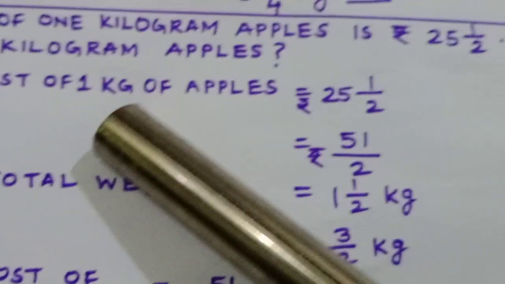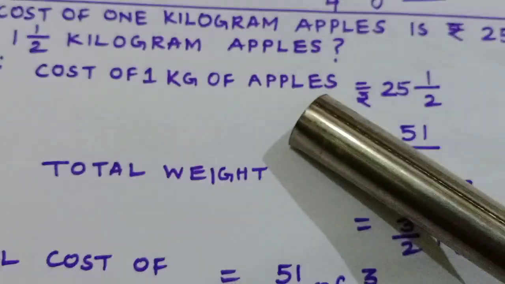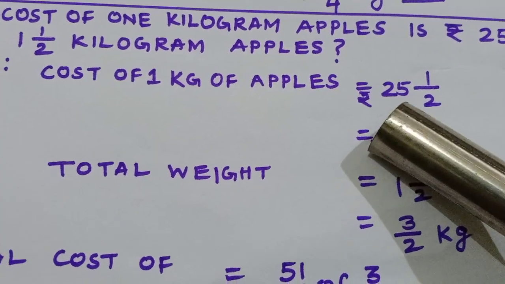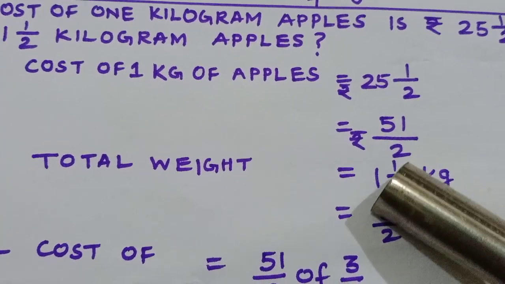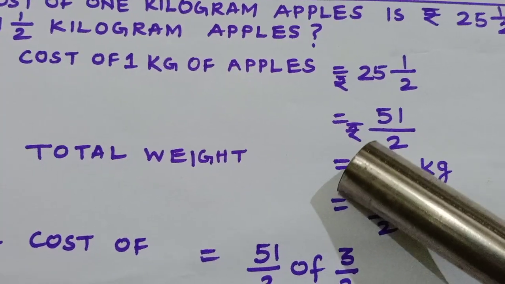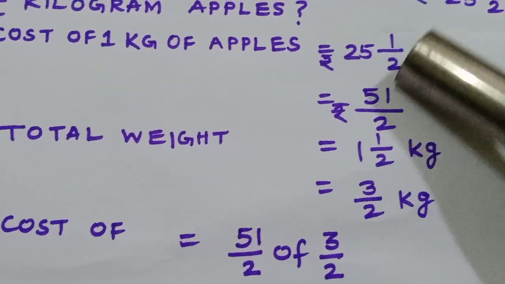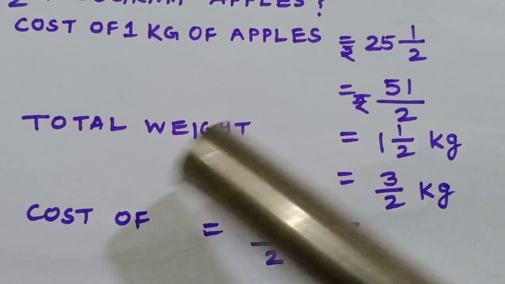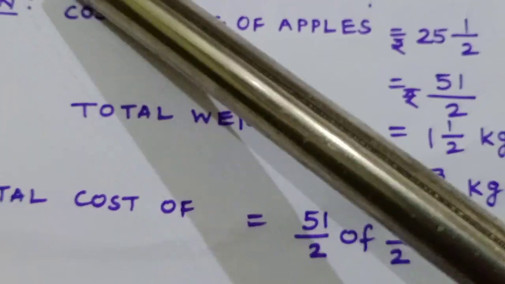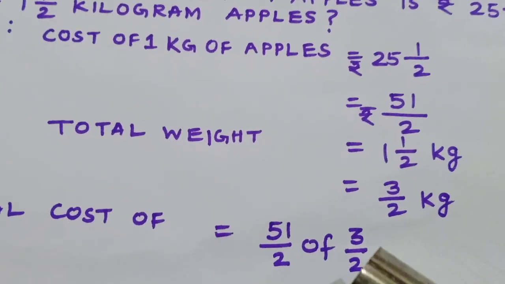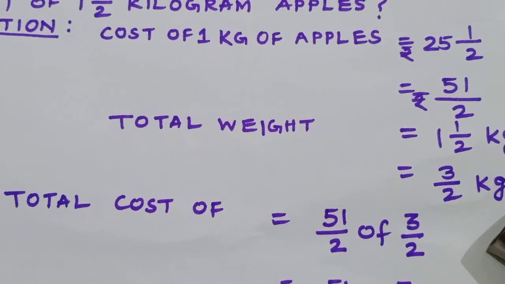How will it be solved? We will write the statements like cost of 1 kg of apples is equal to rupees 25 whole number 1/2. It is given. Now change into simpler form. 25 into 2, 50 plus 1, 51/2. Total weight is given 1 whole number 1/2 kg, which is 2 ones are 2 plus 1, 3/2 kg.